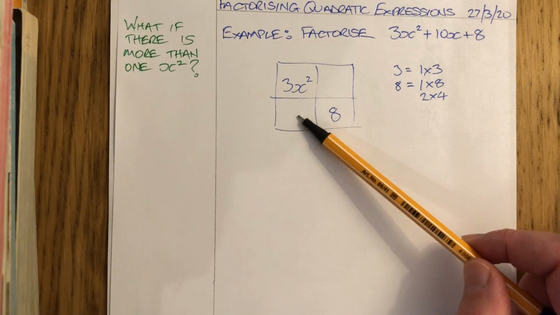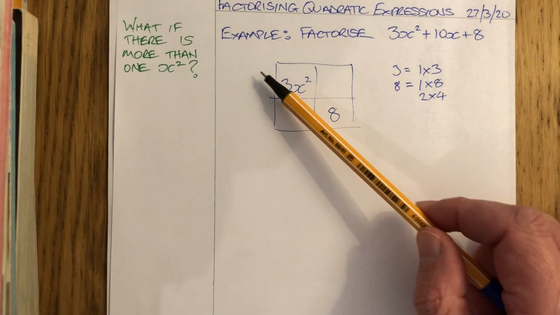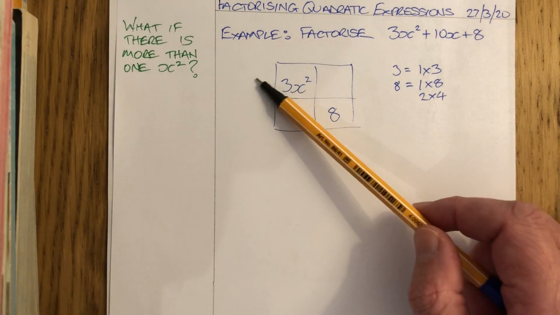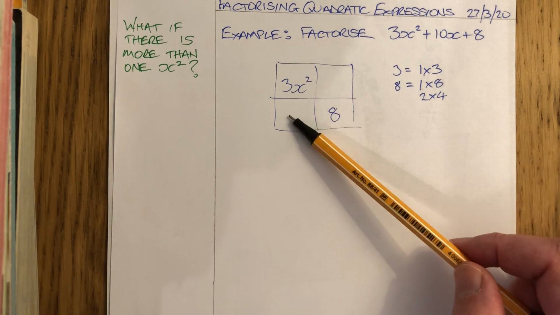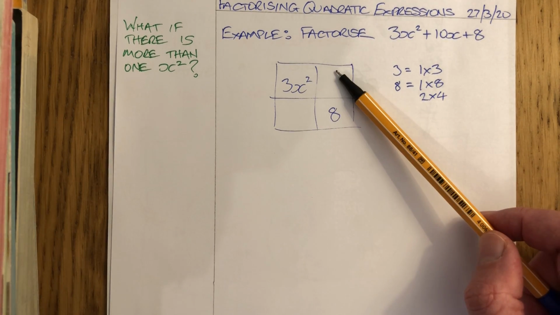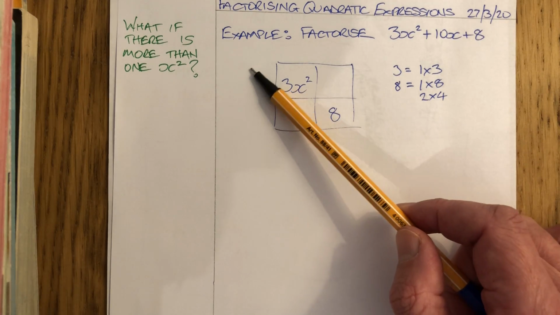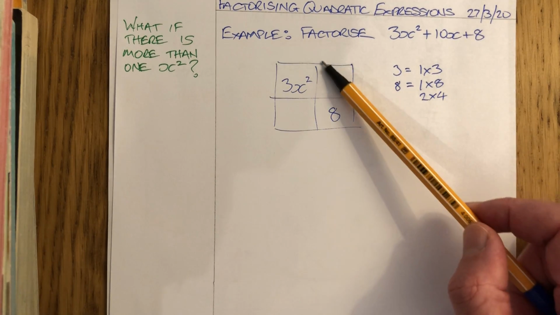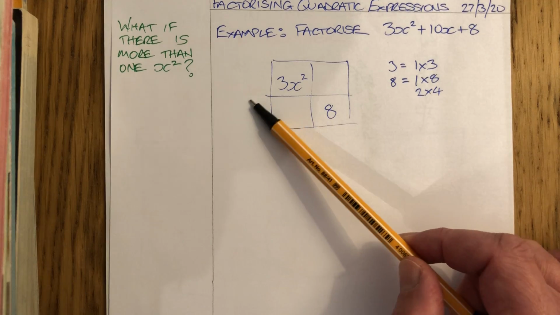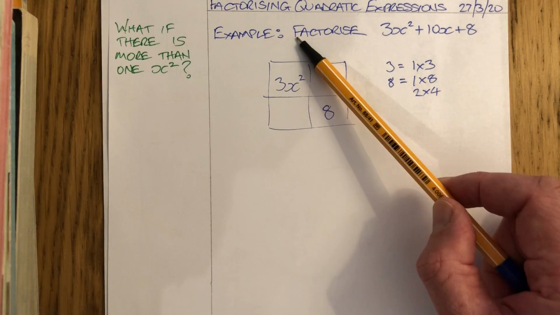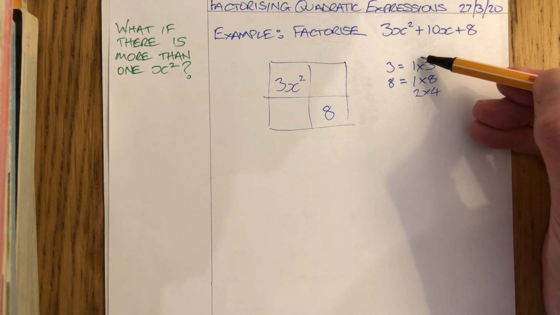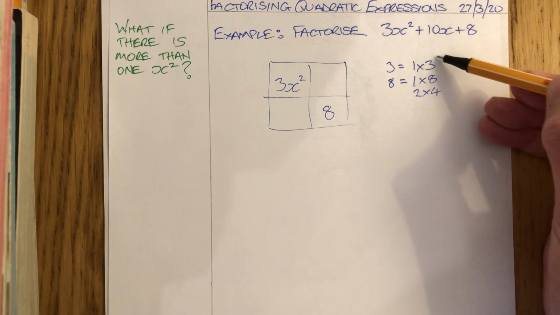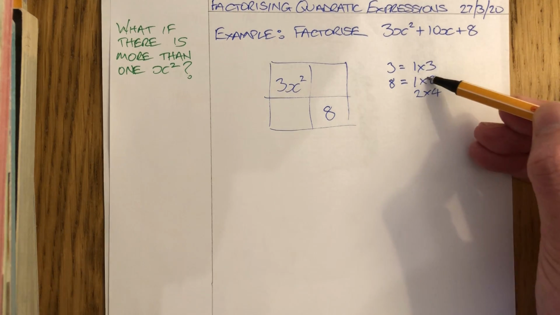So these two boxes here, there's a multiplication there, and there's a multiplication there, and then these are added together. So that times that is added to that times that, which means, I know this is quite complicated, I've got to combine something from here with something from here.